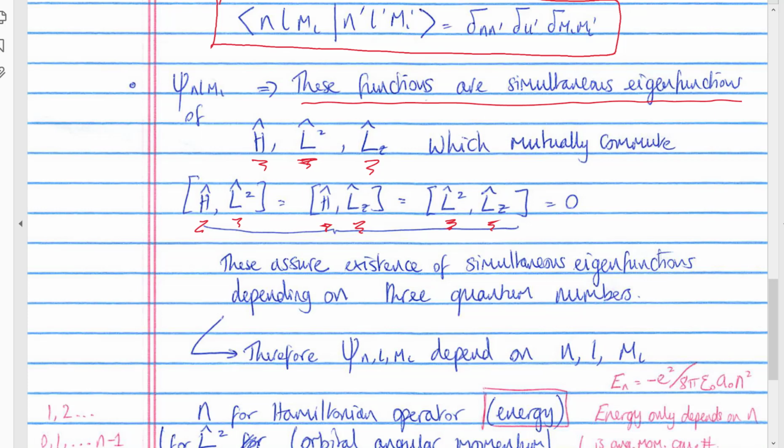And so again, this is just restating this particular case. So this assures us that these eigenfunctions are simultaneously eigenfunctions for all of these three operators.